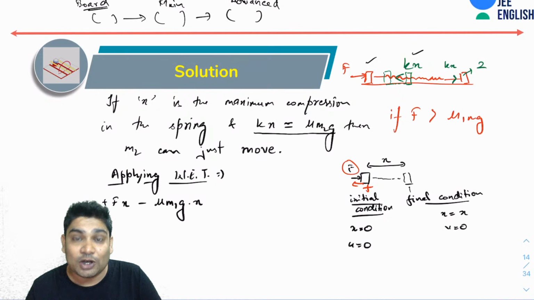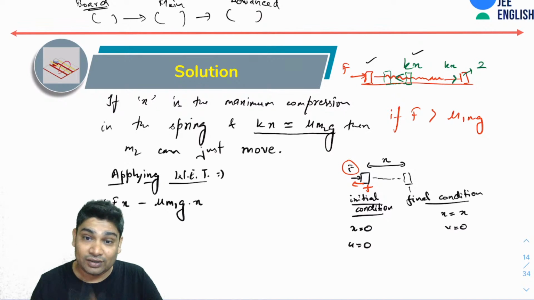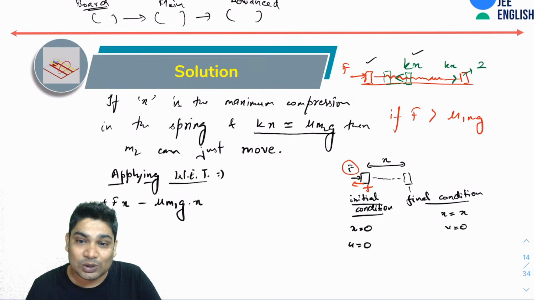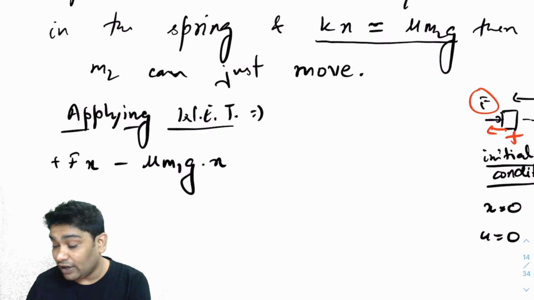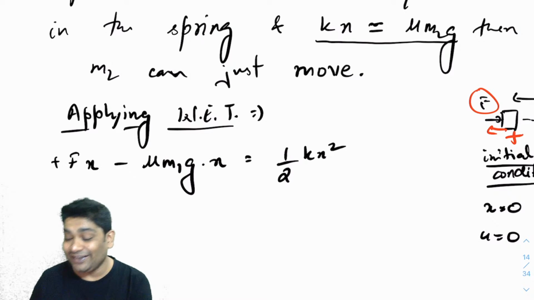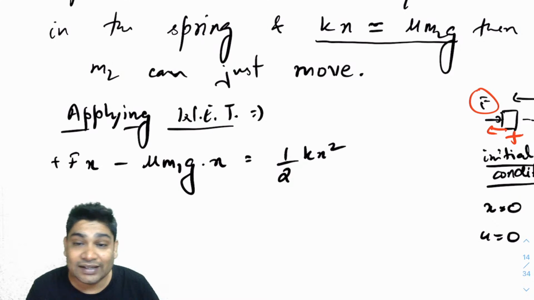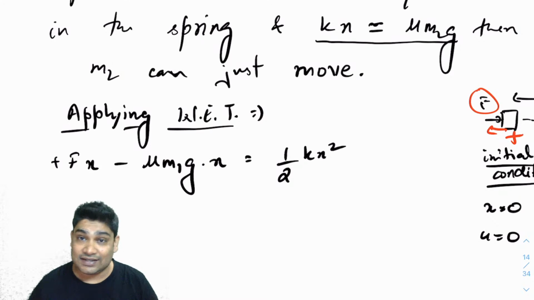So velocity of m2 would be 0, it never moved. It would have just moved if I had exceeded the compression slightly. So all this work would have gone into the potential energy stored in the system. Okay, so this is the expression.